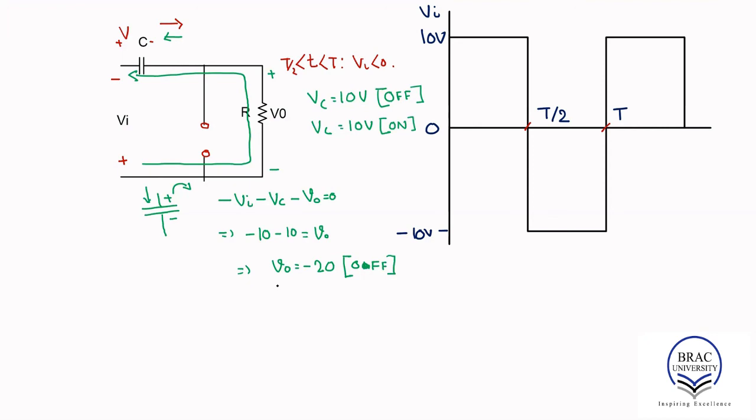Now we already obtained V0 equal to 0 when the diode is on. Now remember the time intervals: this is t greater than 0 and less than T by 2, and this is t greater than T by 2 and less than T. If I draw the output on the same curve, when the diode is on, during this interval V0 is equal to 0.